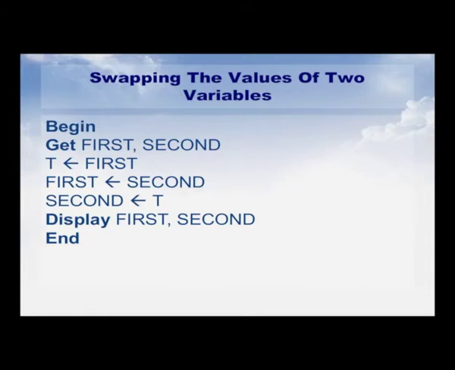We assign the value of the variable first to t, then the value of the variable second is assigned to first, and the value of t, which actually holds the original value of first, is assigned to second. By these 3 statements the values of first and second get swapped, and then the final statement displays the values of first and second.